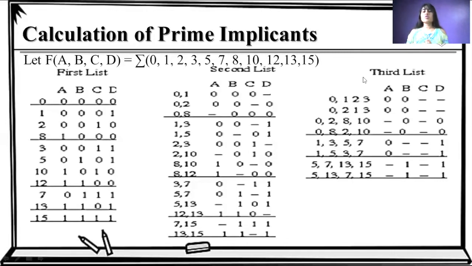Like 0 1 2 3 results in 0 0 0 0, then again 0 2 8 10 we have a dash 0 dash 0. For 0 8 2 10, here also we have a dash 0 dash 0. So whenever we solve an example with QMAP correctly, we have a repeated term over here. So this is how we can simplify this into the third list.